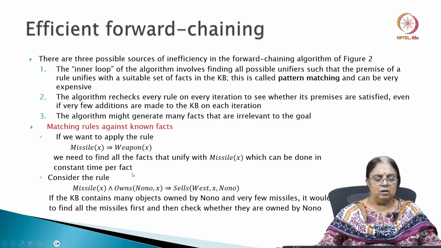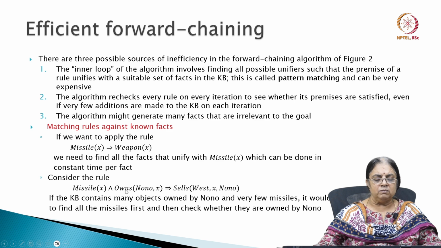For example, if you have something like missile X implies weapon X, we need to take missile X and see what facts in your knowledge base match with this missile, and you need to do the substitution for X depending on those facts. If you have a lot of facts with missiles in it, it takes a long time to do that.